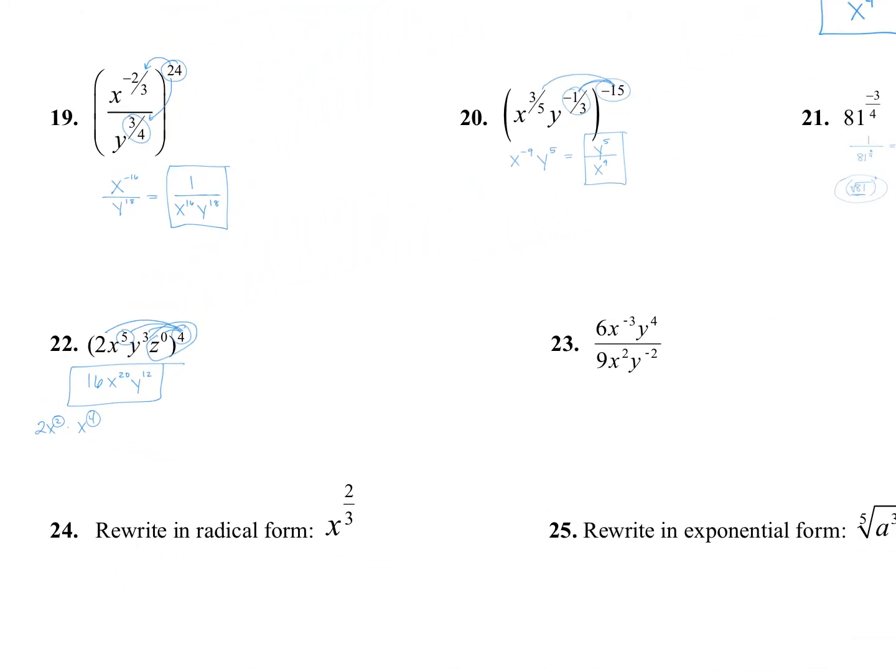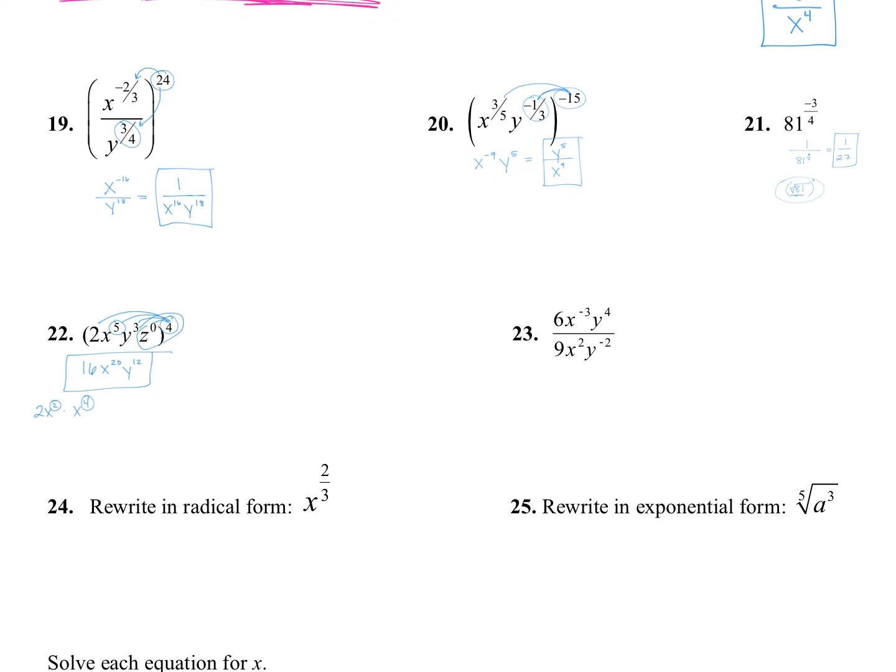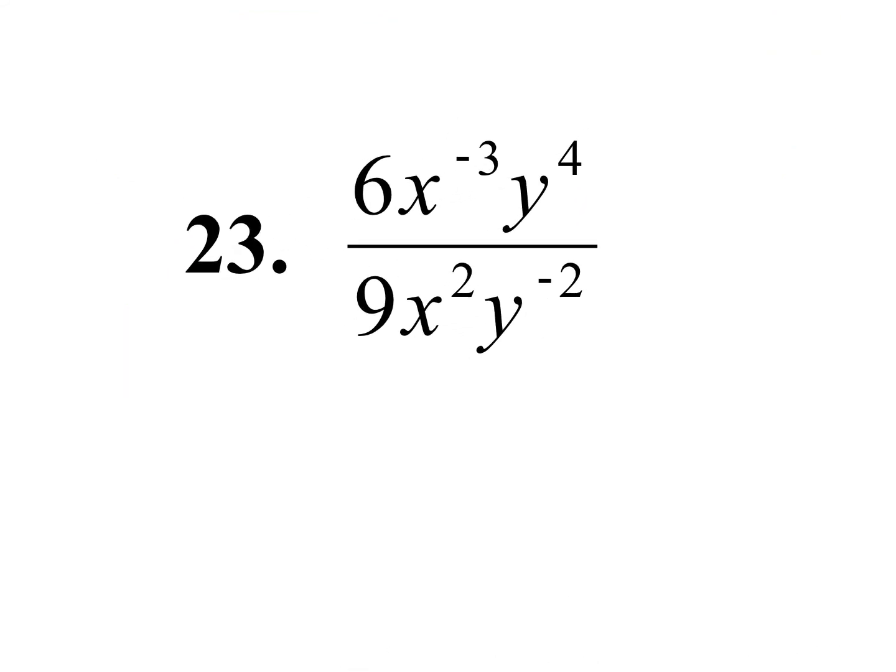Okay, number 23. So we're going to simplify here. What do you do with this? You have to subtract when you're dividing, right? So it's -3 minus 2, which is x to the -5th power.